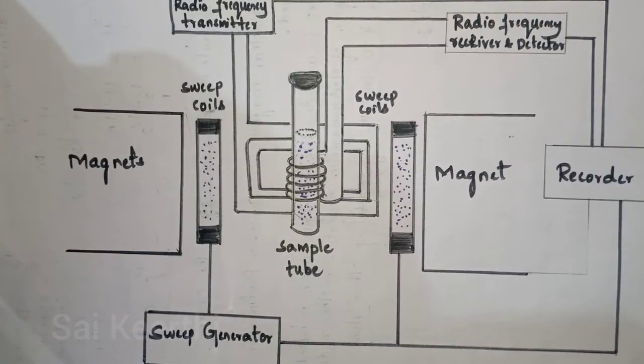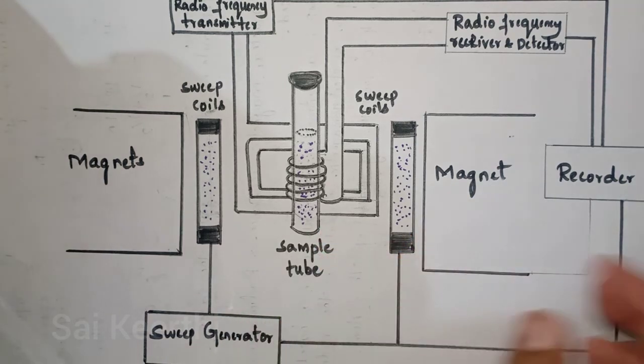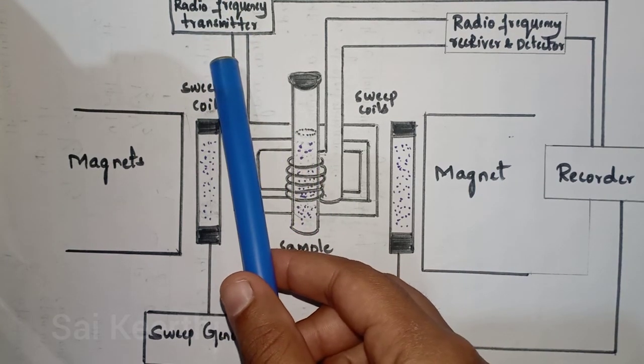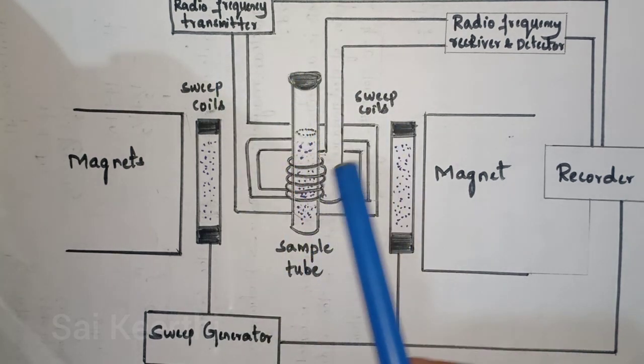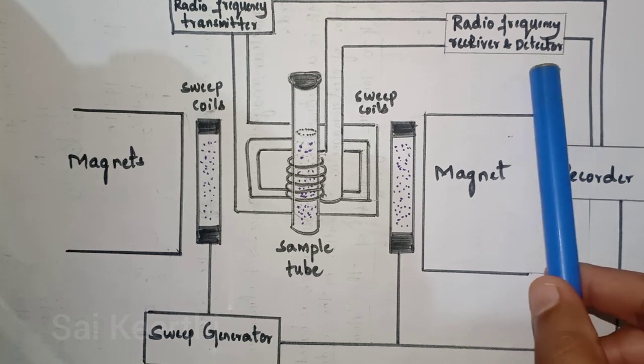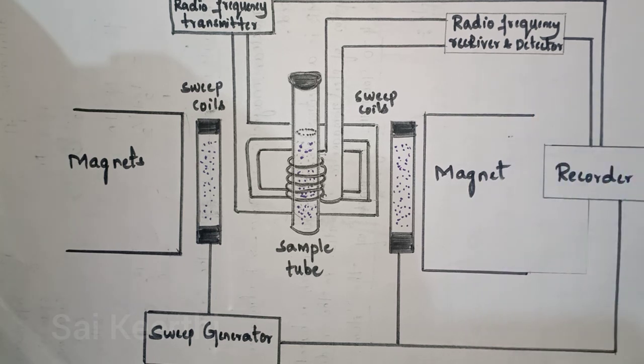As you can see here, the sample is placed within the pole gap at the point of magnetic field and it is subjected to radio frequency, and these signals are sent to the radio frequency receiver and detector. This detector will convert the NMR signal into a form which can be stored in computer memory, and the computer analyzes and records the data in the form of an NMR spectrum.